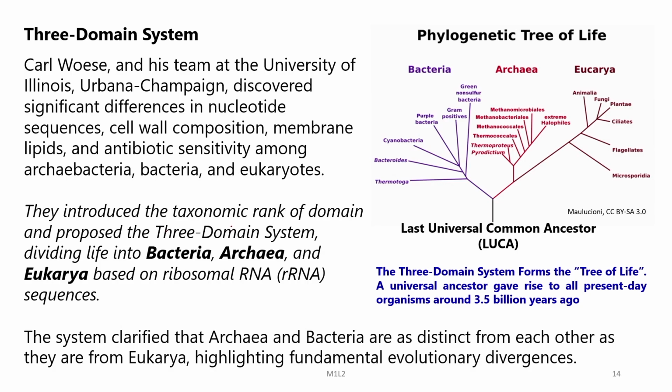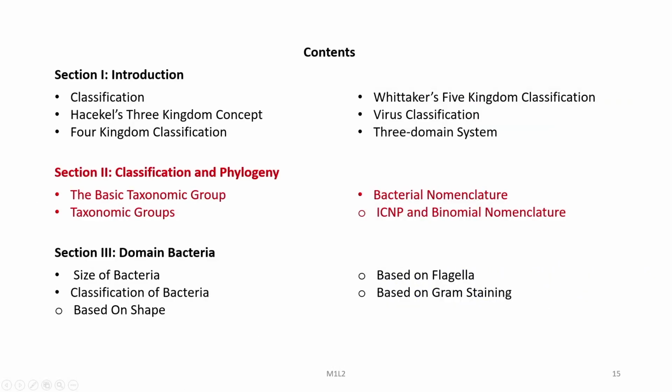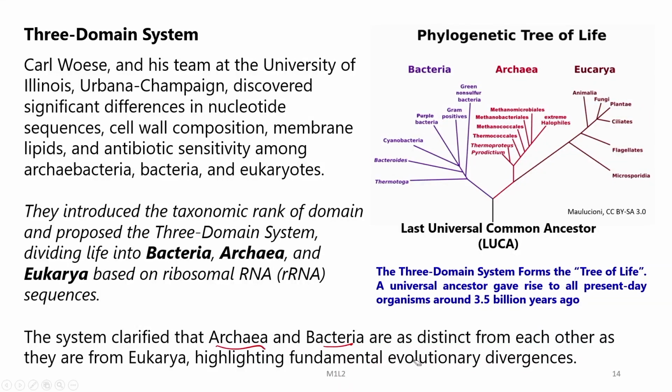They introduced the taxonomic rank of domain and proposed a 3-domain system dividing life into bacteria, archaea and eukarya based on ribosomal RNA sequences. The system clarified that archaea and bacteria are as distinct from each other as they are from eukarya, highlighting the fundamental evolutionary divergences.